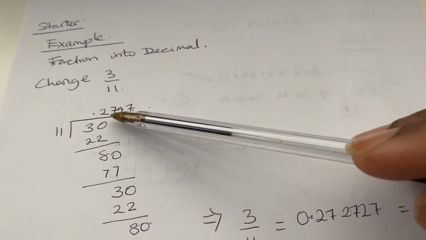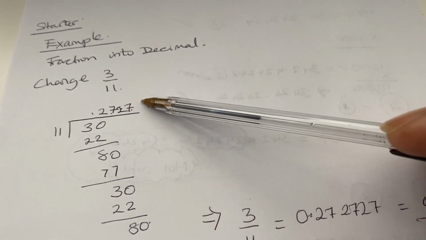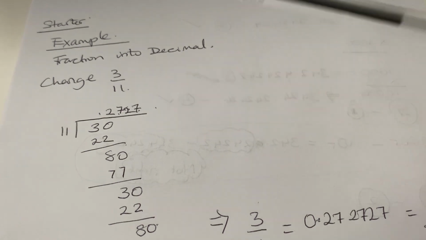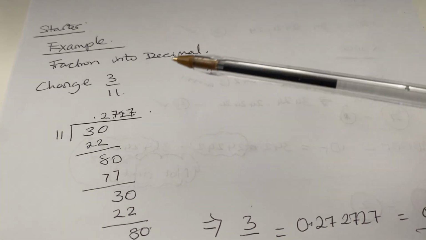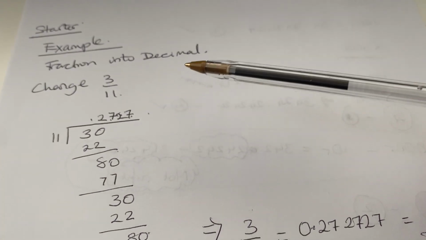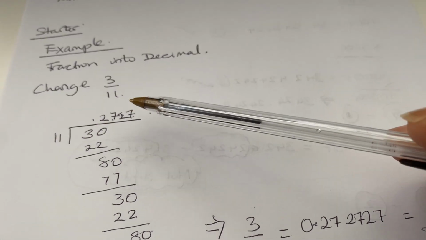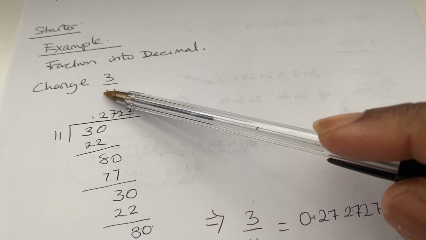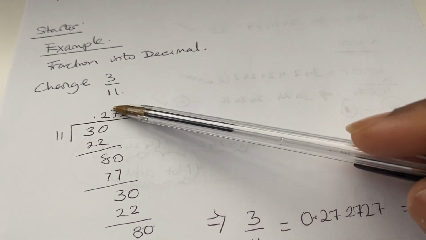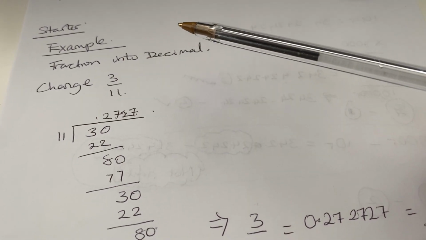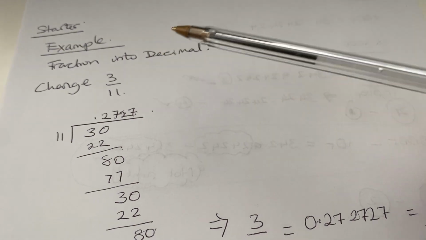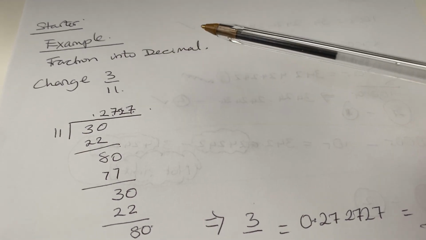You are going to get 0.272727. If you continue doing it, you get 0.272727. Why? Because the denominator has a prime factor of 11 other than 2 or 5.